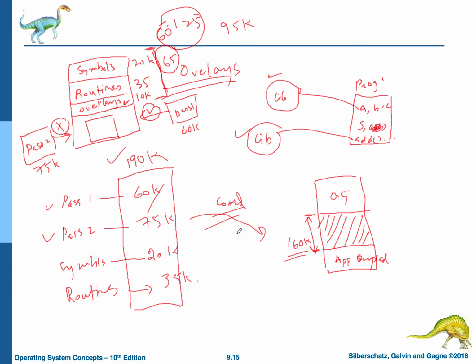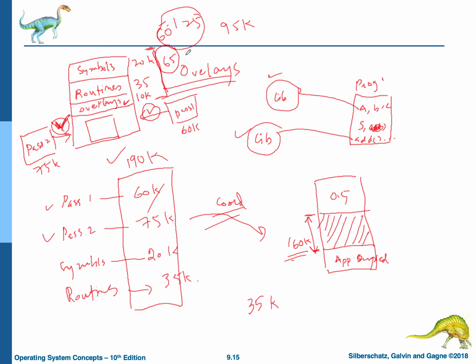We had only 160K and we are using only 125K. It means that we are able to manage the memory in a very efficient way, and we are saving maybe 35K of memory here. When this completes, then pass 2 will be allowed.